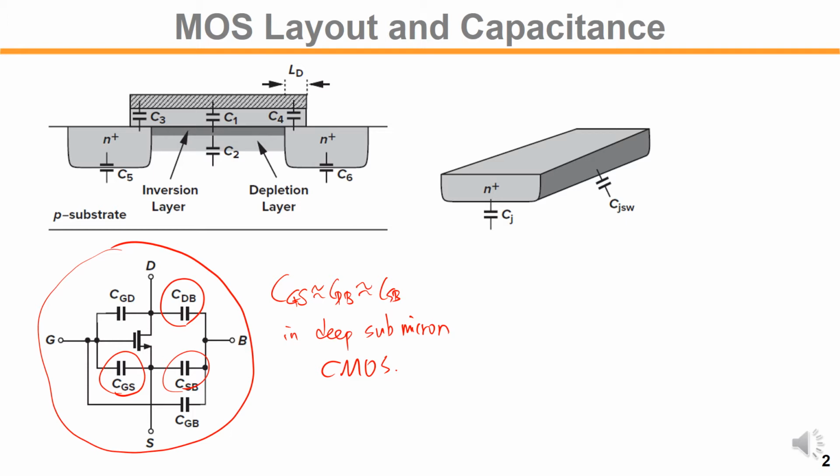So for the given size of the gate, W over L, CGS is kind of given by the gate and channel. This cannot be changed for the given size. But for the drain and source diffusion capacitance, there is a way to reduce such capacitance.